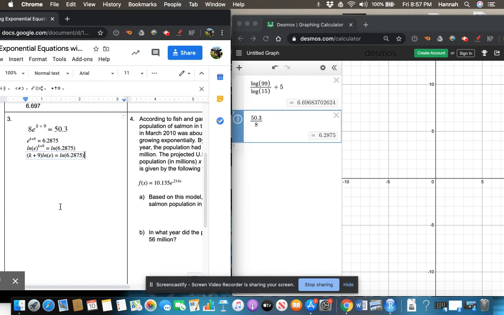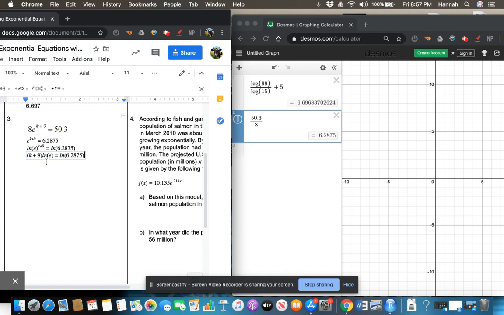So all I did was swing that exponent down to the front. And at this point, all I'm worried about is getting k by itself. Here's what's really nice, and it's a little shortcut here. There are two steps to this equation right now. I have to divide natural log of e to the other side, and then I would subtract the 9.